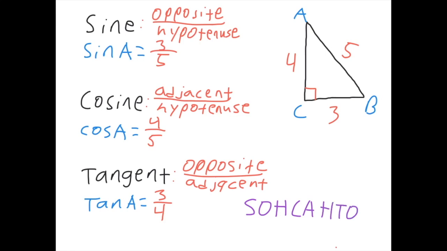Tangent is opposite over adjacent. SOH CAH TOA. This is used quite a bit to remember which ratio belongs where. So sine is opposite over hypotenuse. Cosine is adjacent over hypotenuse. Tangent is opposite over adjacent.